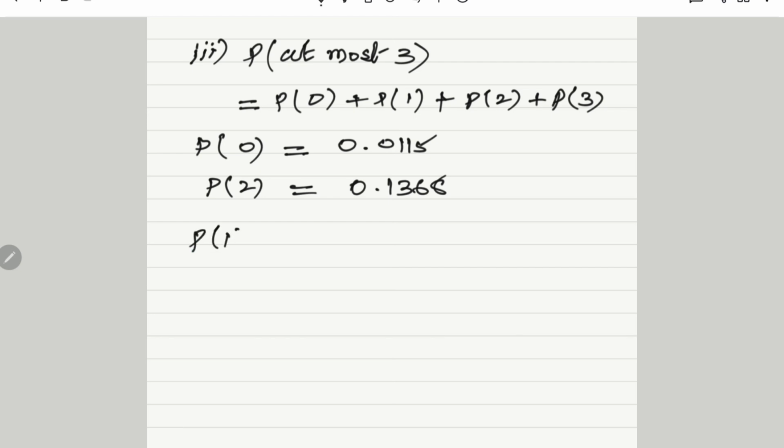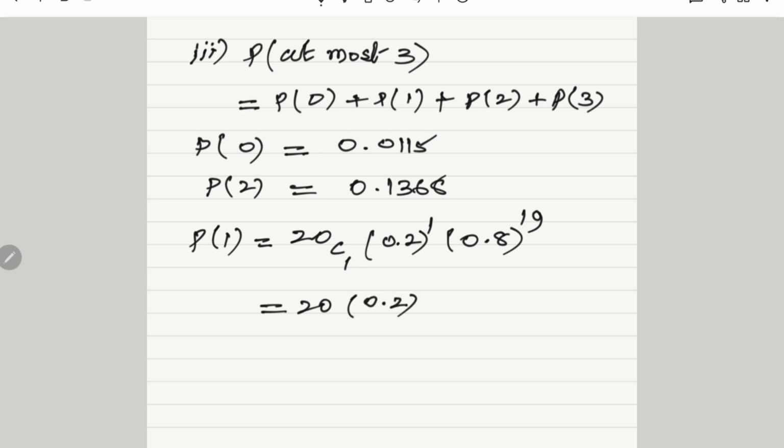P of 1 means for R is equal to 1, N is 20, C 1, P is 0.2 raised to R is 1, Q is 0.8 raised to N minus R, 20 minus 1, we get 19. And therefore, by calculator, 20C1 is 20, 0.2 raised to 1 is 0.2, and 0.8 raised to 19 is 0.018.